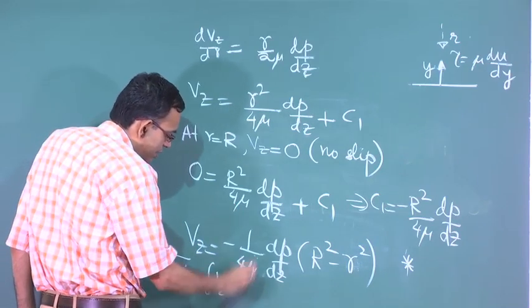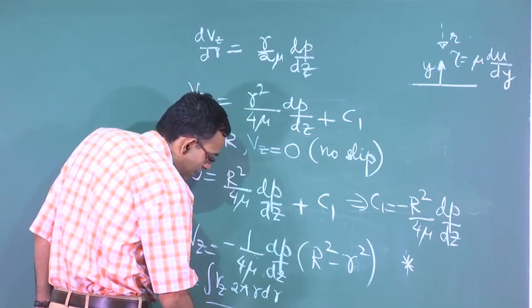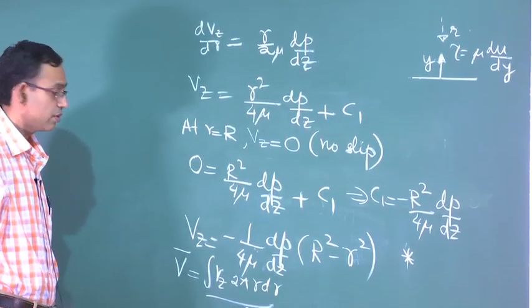Average velocity is the flow rate divided by the area of cross section. Okay.